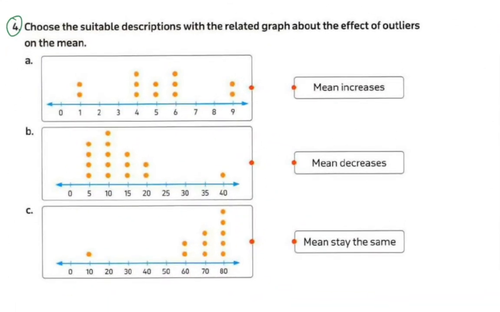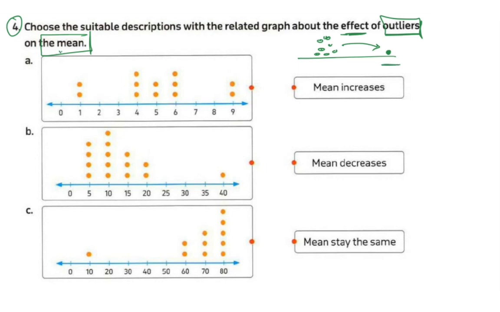Point 4. Choose the suitable description with the related graph about the effect of an outlier on the mean. All these questions are talking about the effect of an outlier on what? On the mean. We have 3 cases. If you have dots like this one and another dot as an outlier to the right, the value of the mean will increase.